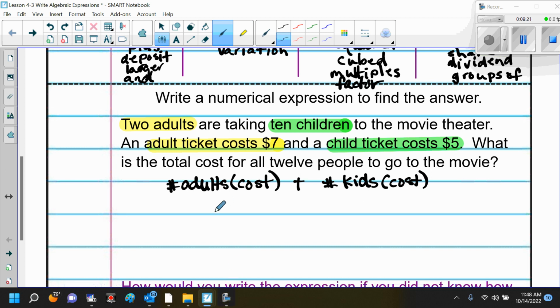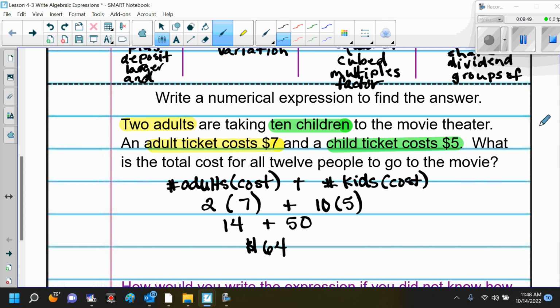We've got 2 adults times the cost, which is 7, plus we have 10 kids times $5. And now we simplify. So we've got 14 plus 50, which is equal to, very good, $64. So everybody's going to cost $64 to go to the movies.